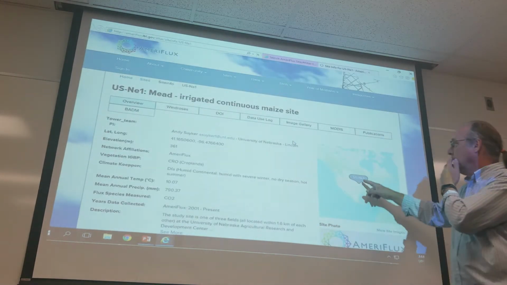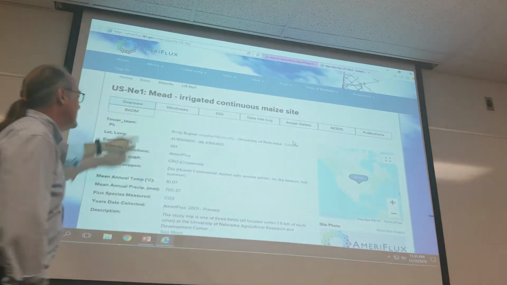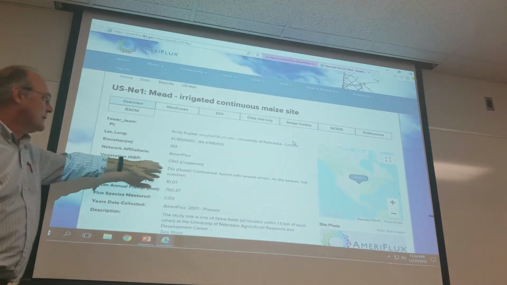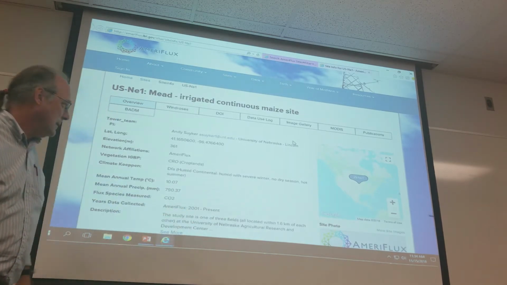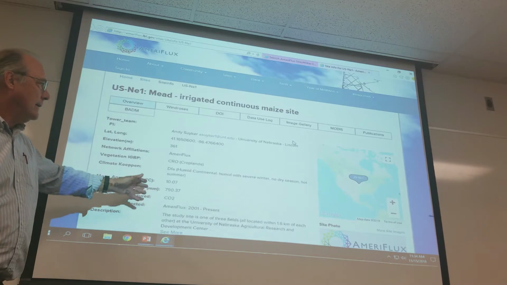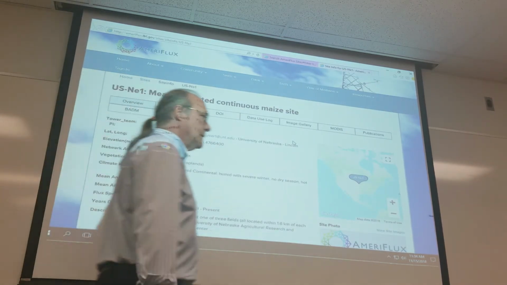So here's the NE1 site. The BADM is ancillary data. The overview says it's a cropland, started in 2001 till now, and you get all kinds of information. But the data are freely available.